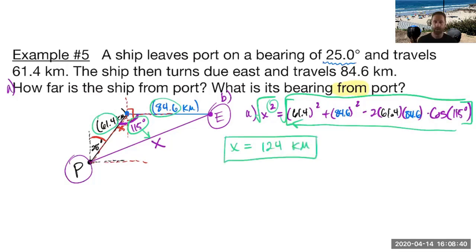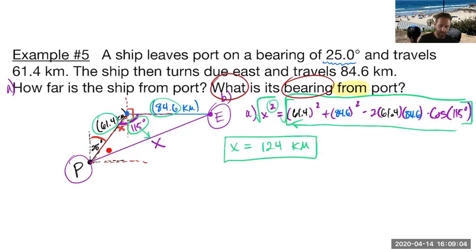And now that we have that, we can move on to part B, which asked us to find the bearing from port to where we ended. So we are trying to find the 25 degrees that we already have from north. We now need to also find that angle there.